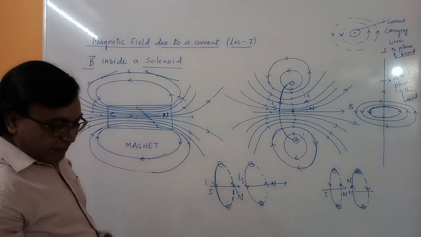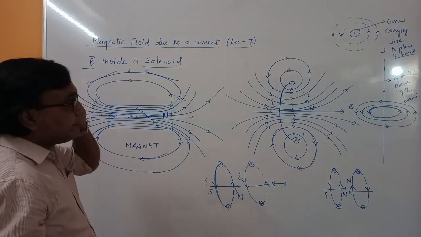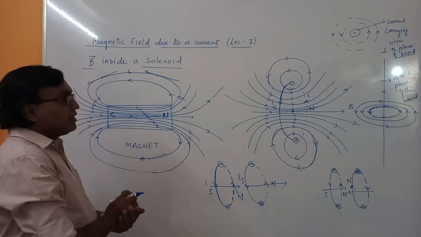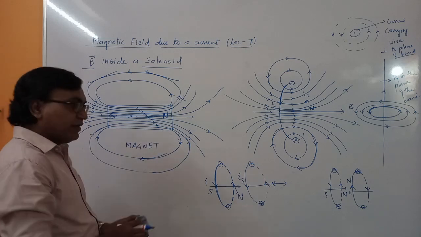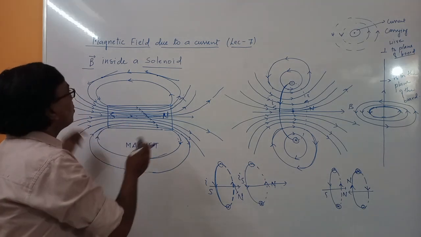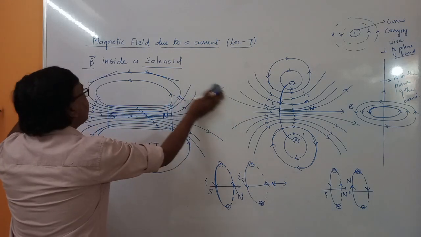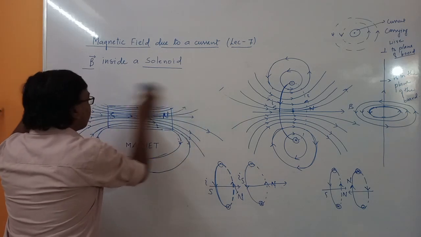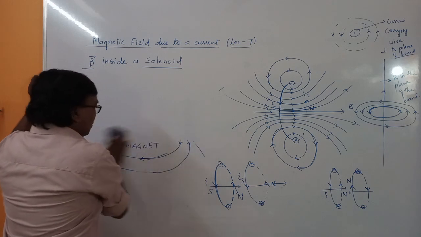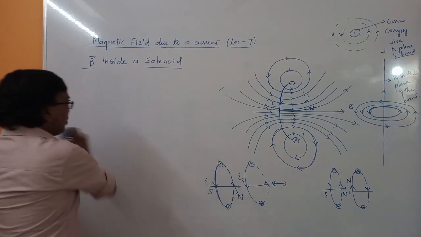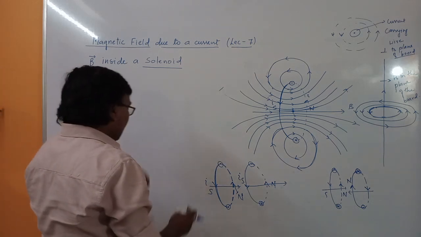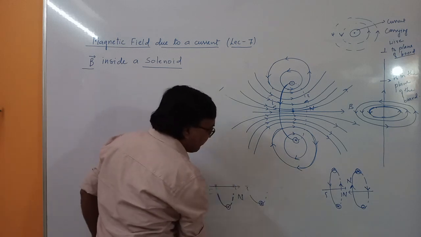So in that way you can draw magnetic field lines for electromagnets. Fine. Now let us see the solenoid, the field inside a solenoid. A solenoid can be used to create an almost uniform magnetic field inside.